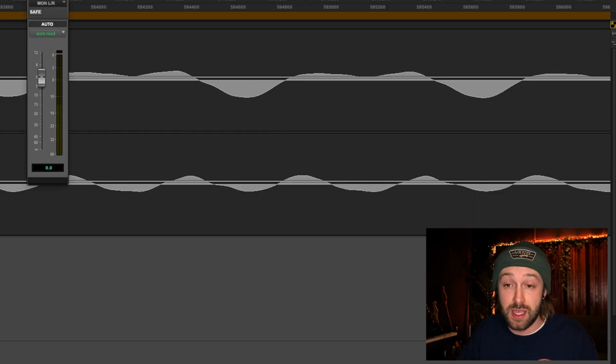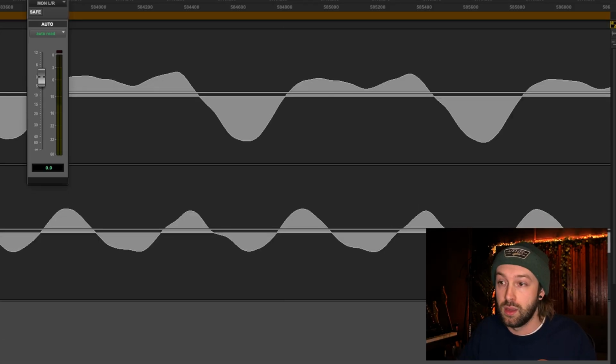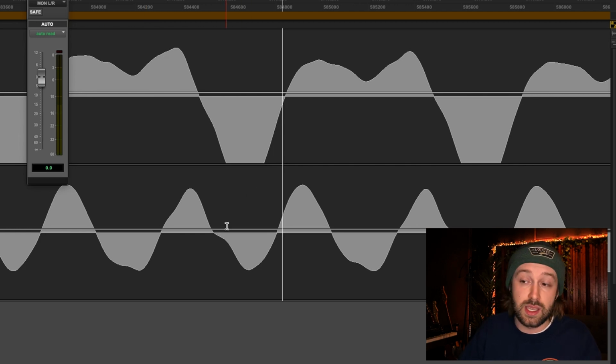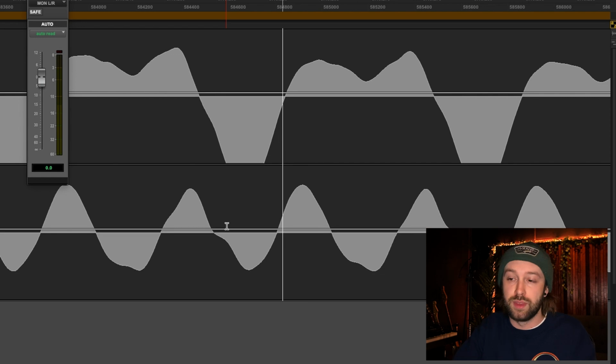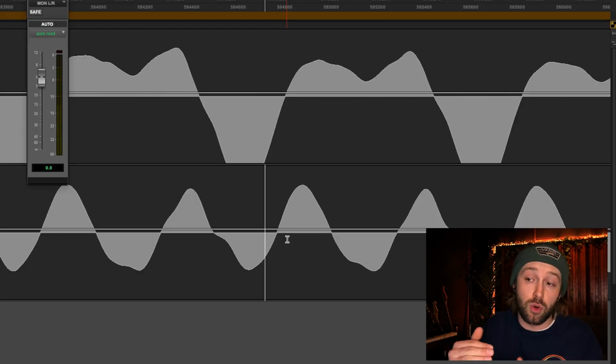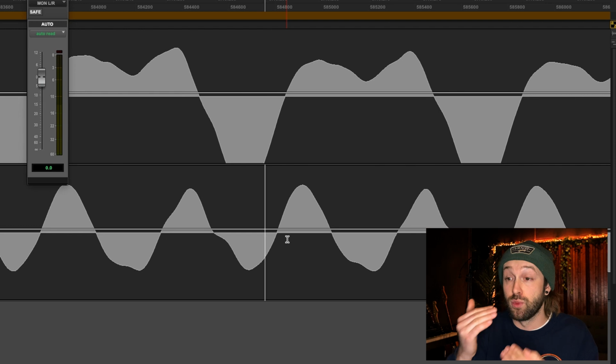And just to give you a little bit more of a visual representation, if you look at the waves of this bass DI and bass amp track, if I zoom in, you're gonna see that my positive and negative amplitudes are lining up fairly well. Now the signal is a bit different because of the saturation from the amp or the saturation from the DI. It's not the perfect amplitude wave that you're used to seeing, but you can see that the phase correlation between these two sources are actually really good.